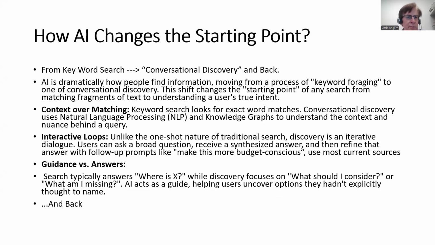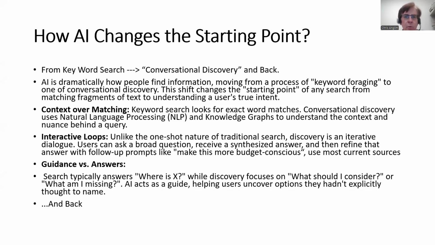So one of the things that's a reality is context over matching. Keyword search looks for the exact matches. Conversational discovery, on the other hand, uses natural language processing and knowledge graphs to understand the context and the nuance beyond the researcher's query. In this discussion, we talk about interactive loops. Unlike the one-shot nature of traditional keyword searching, discovery is an iterative dialogue.